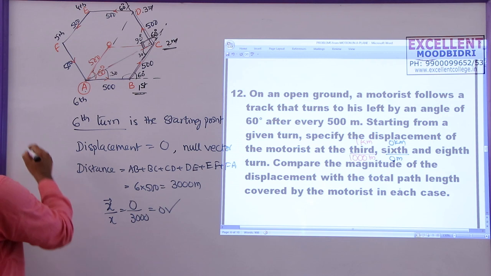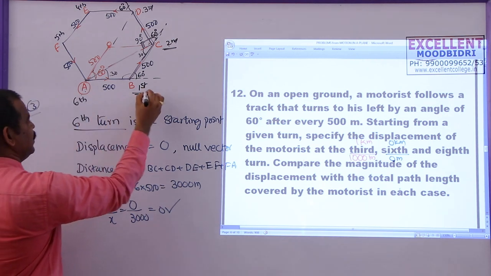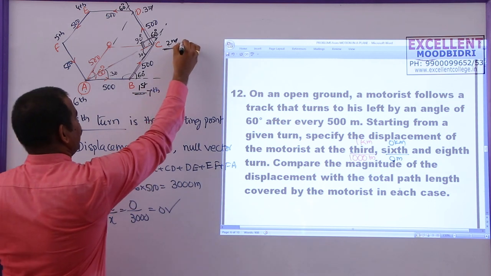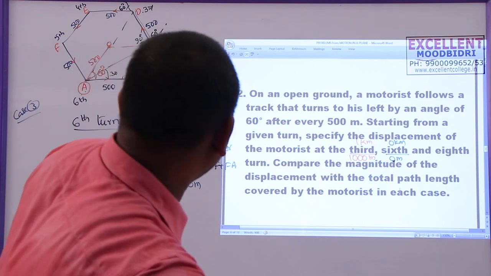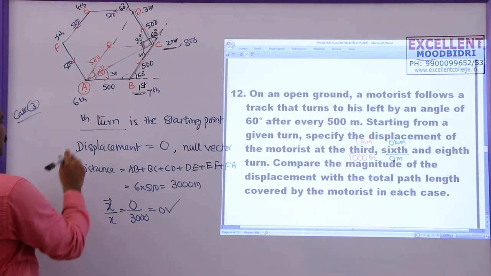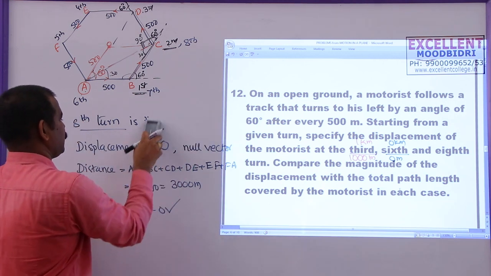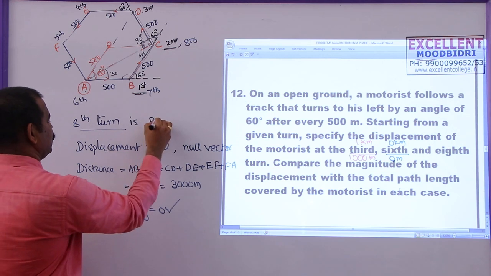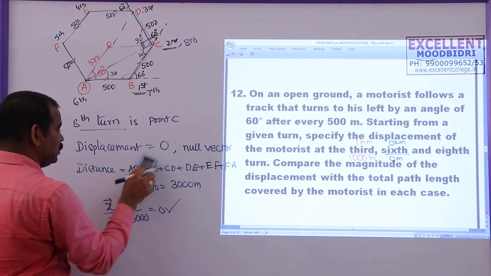Now the 8th turn, so that is case 3. Let me take case 3. The 8th turn is nothing, this is the 6th, this will be the 7th turn, and this will be the 8th turn. So after 8 turns, the person will reach point C. So after the 8th turn, the point is C. So what is the total displacement here?